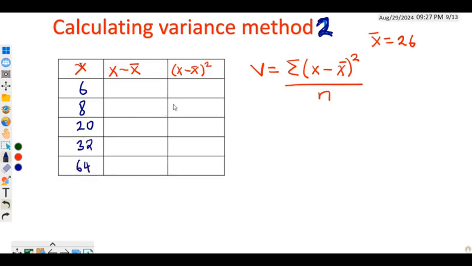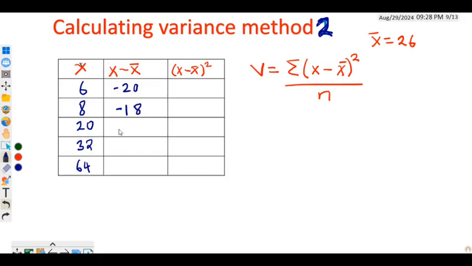Okay, so here we are going to have x minus the mean. So the x is 6. So 6 minus 26, this will give us a negative 20, because the mean is right here, which is 26. Then here we are going to have x minus 26, which is 8. 8 minus 26 gives us negative 18.